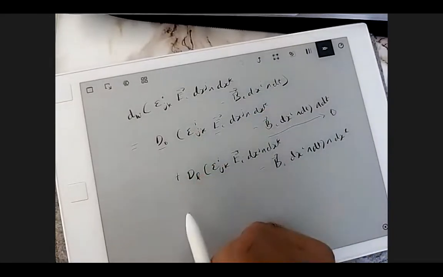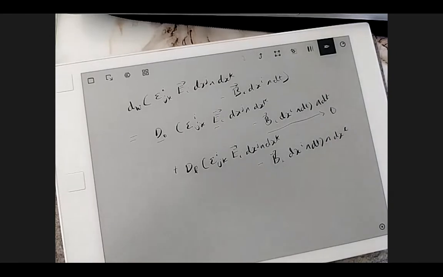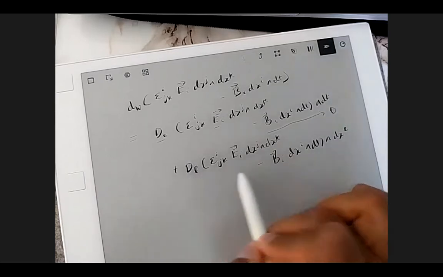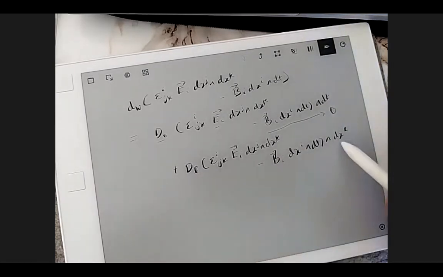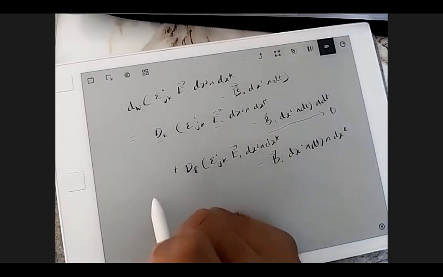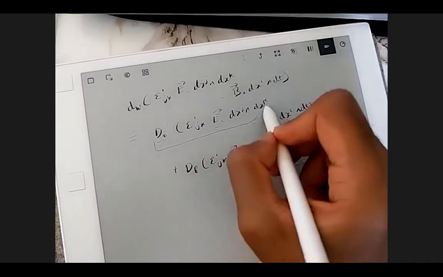Wait, the equation involving d0 of E. Why do we have a dxl at the end? I must have missed something. Why do we have a dxl at the end and the covariant? So we have dl, and at the end of the form wedge dxl. Oh, right. Okay. Got it. So now, what are we going to do? This is an equation we're not interested in, although it's an equation that's there.